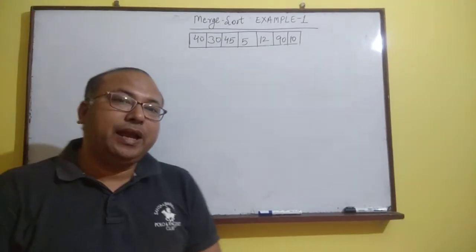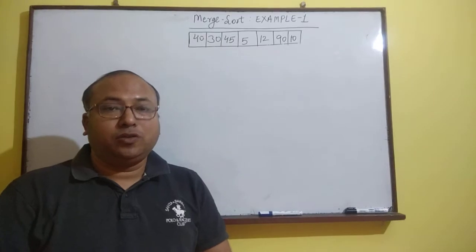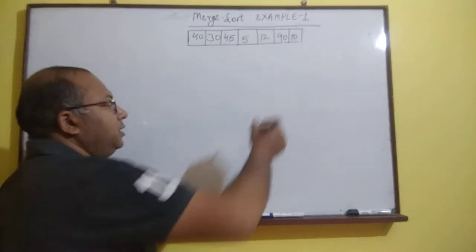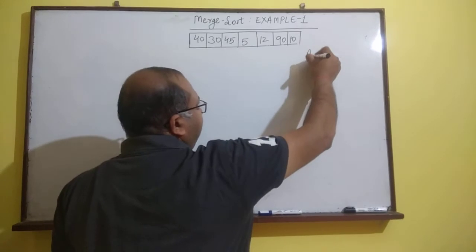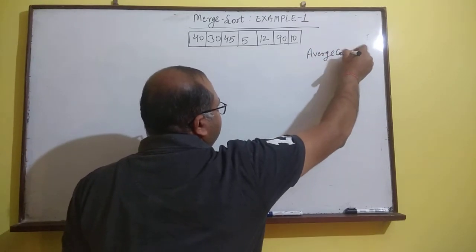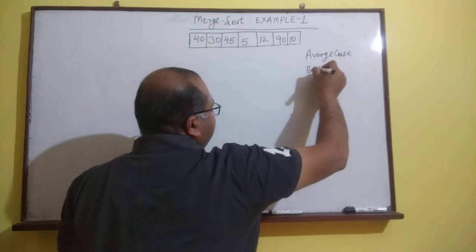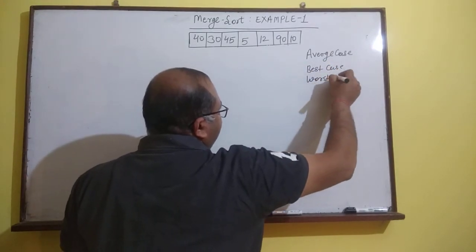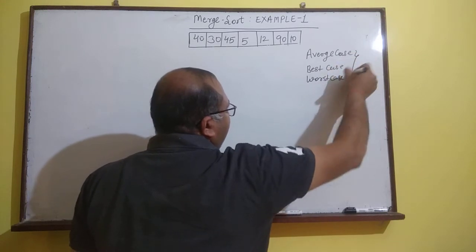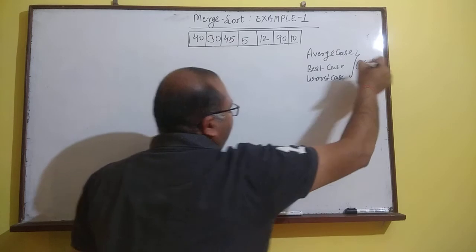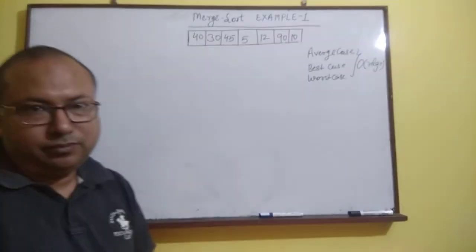The basic reason is that the complexity of merge sort remains the same in all three cases: in the average case, best case and worst case, the complexity remains the same. It is order of n log n.